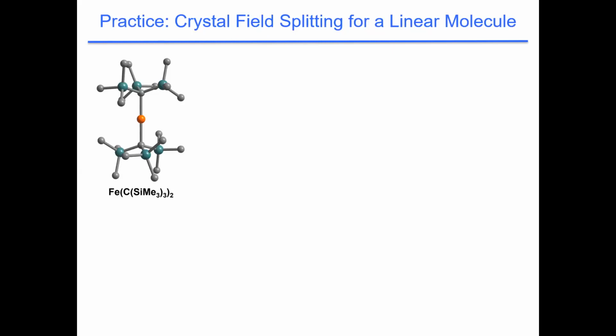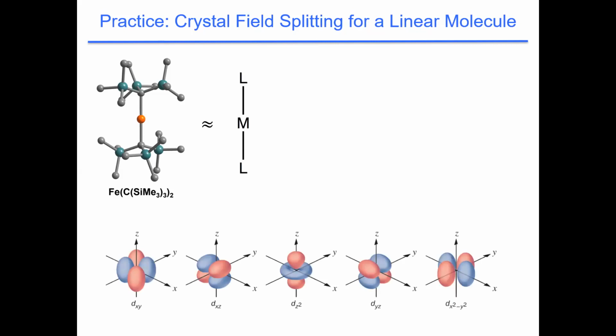So going through an example, here we can look at this linear iron complex, which we can approximate with this drawing. So here we have our 5 d orbitals. And based on this ligand geometry, the d orbital that's going to interact most strongly with the ligands is going to be the dz squared.